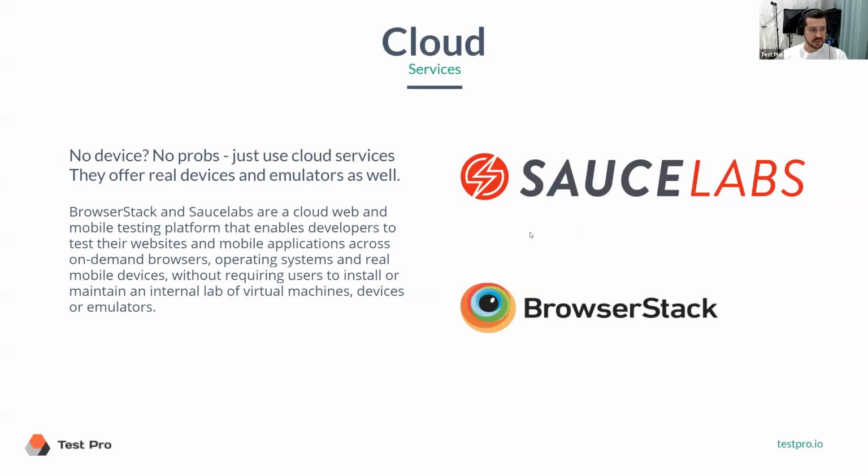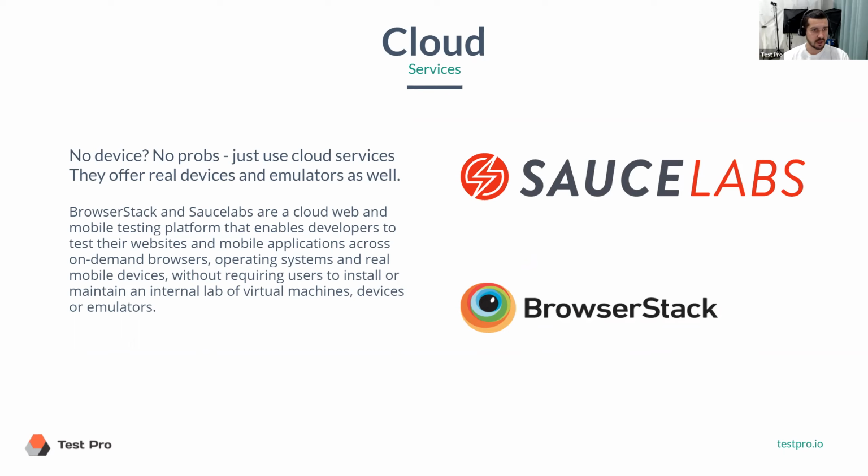And the cloud services. These are the most popular ones. There are more. So Sauce Labs and BrowserStack, these are the most popular cloud services. If you watch the video on YouTube, it will give you an idea, because I'm going through the whole Sauce Labs app and showing how you can pick the device and how you can use it.